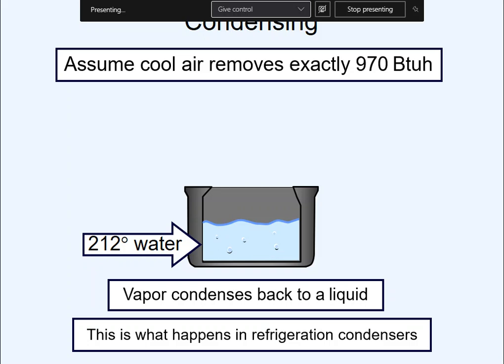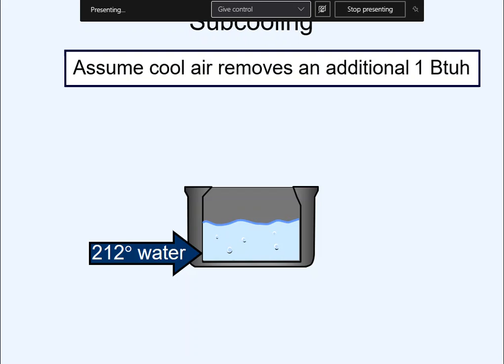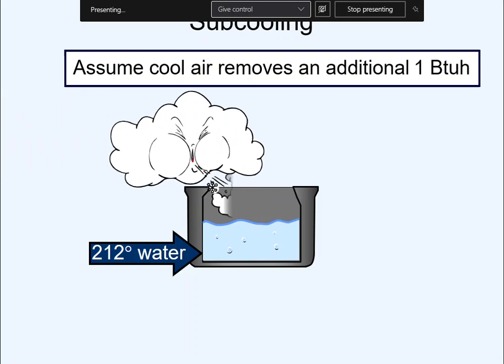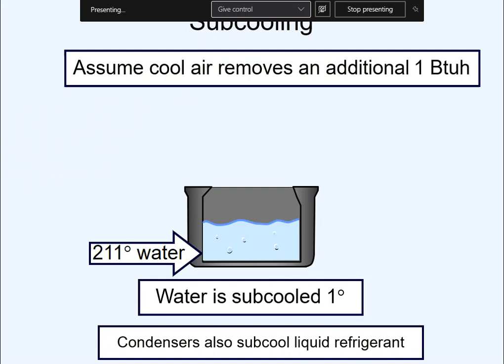So let's say you remove a little bit more heat. Well, what happens if you remove just a little bit more? That 212-degree water will become subcooled by 1 degree. So it now becomes 211-degree water. Well, 211-degree water, 212-degree water, still hot, right?